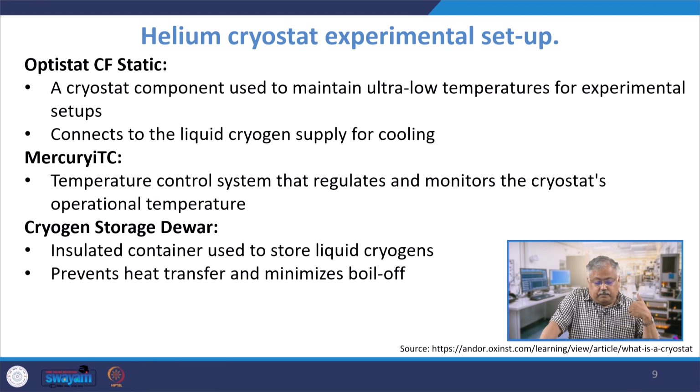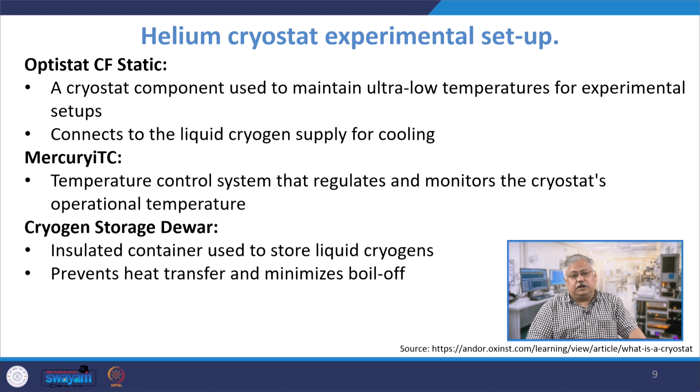So basically its job is to connect the liquid cryogen supply for cooling directly. And this Mercury ITC is a patented sort of technology and regulates and monitors the cryostat's operational temperature, right. Then of course there is a storage dewar, which is an insulated container used to store the liquid nitrogen or liquid cryogens here.